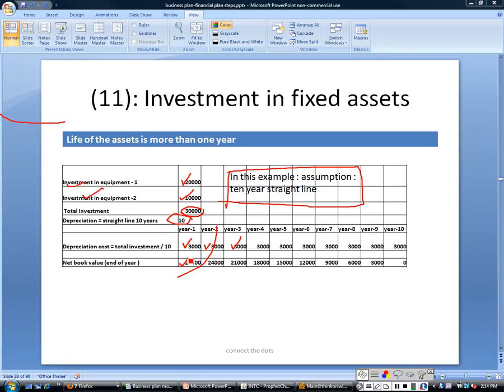By the end of year one, I depreciated to 27,000, and then another to 24,000. So I'm depreciating 3,000 every year, and because it is equipment that depreciates over 10 years, by the end of the 10 years, the book value will be 0. So this depreciation item will be included in the income statement. The net book value is included in the balance sheet. Okay.